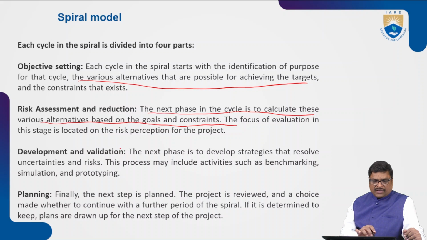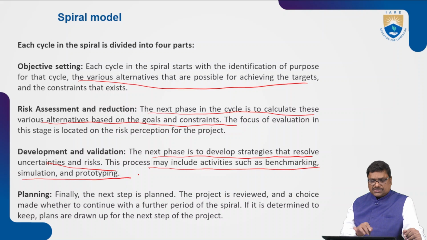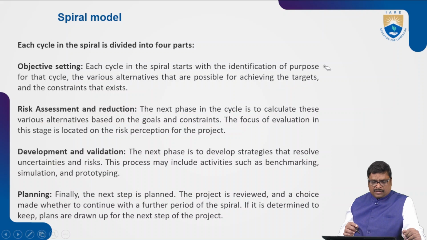Then development and evaluation: the development strategies resolve uncertainty and risks, including activities, benchmarks, simulation, and building prototypes for development and validation. Then planning: we have to plan the next step, what we are going to achieve next. It is a continuous process.